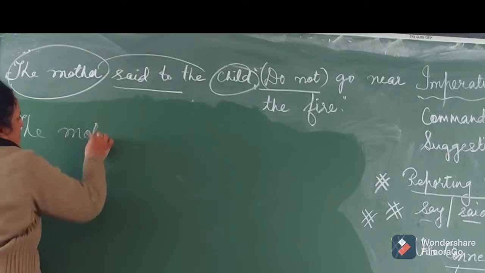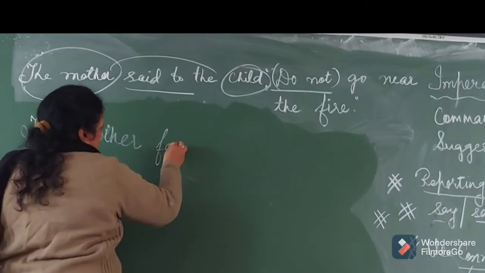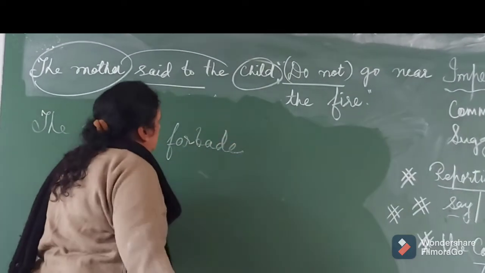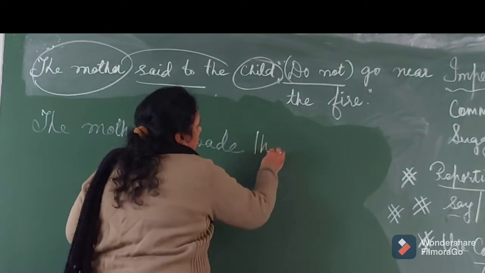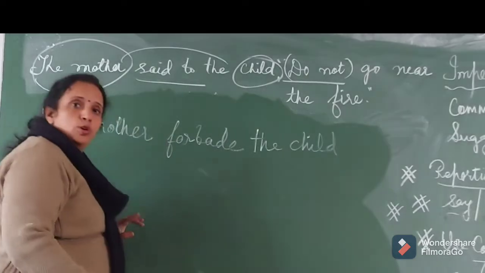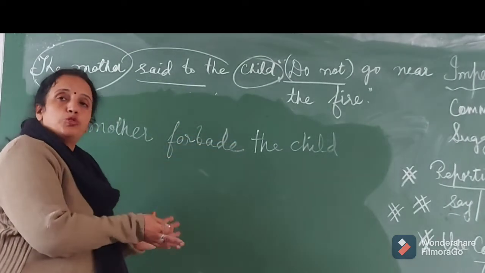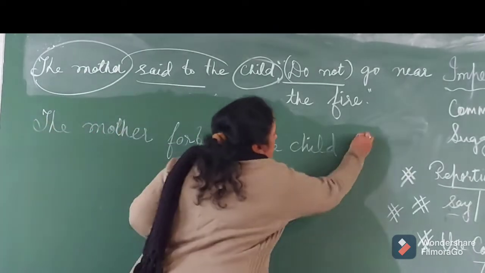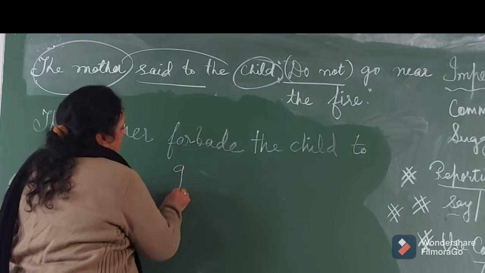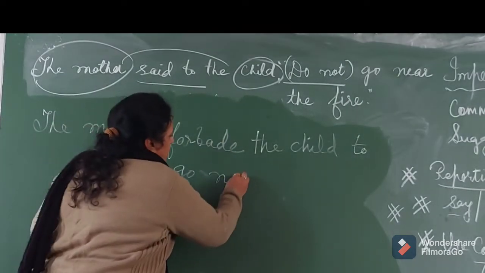The mother, the subject, then said to, we will replace with the word forbade. Then the object child, then the rule of transforming imperative: you have to add the infinitive to there and then write the verb given in the statement, go near the fire.